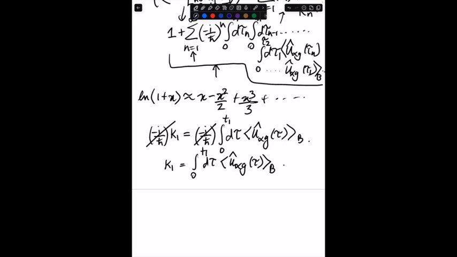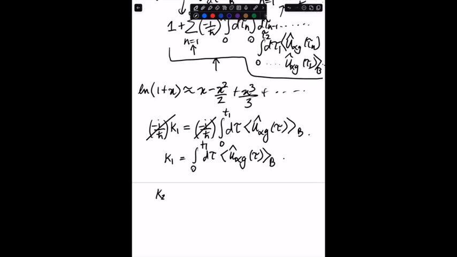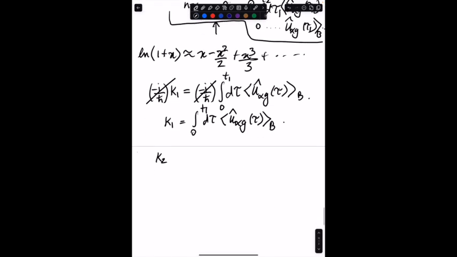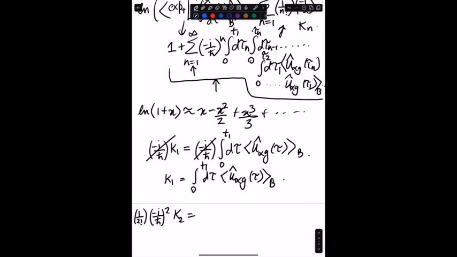Now, you want to calculate the second cumulant. So K2, and here you have a 1 upon 2 factorial, and you have a minus i upon h bar squared K2. Right. And on the left hand side, you will have two contributions now. One from n equal to 1 when it is squared, and of course from n equal to 2.